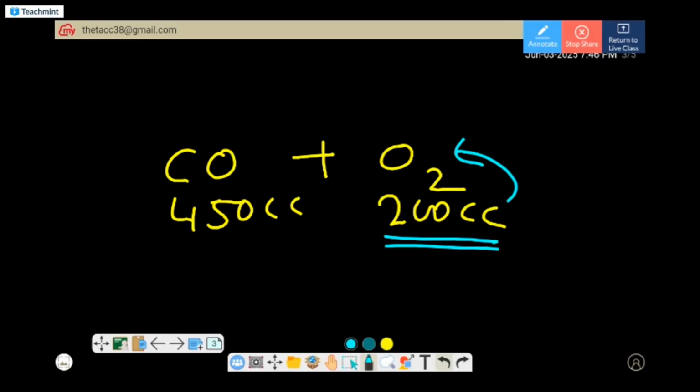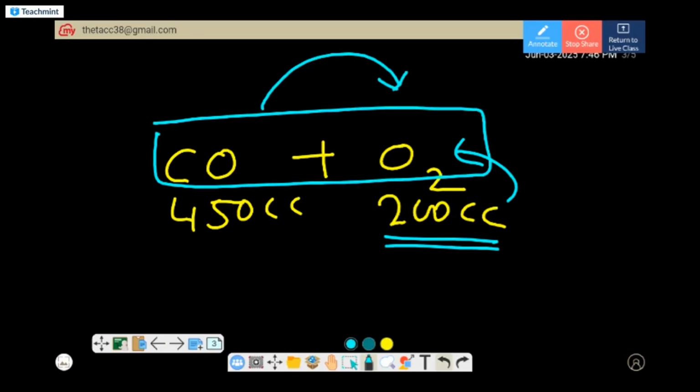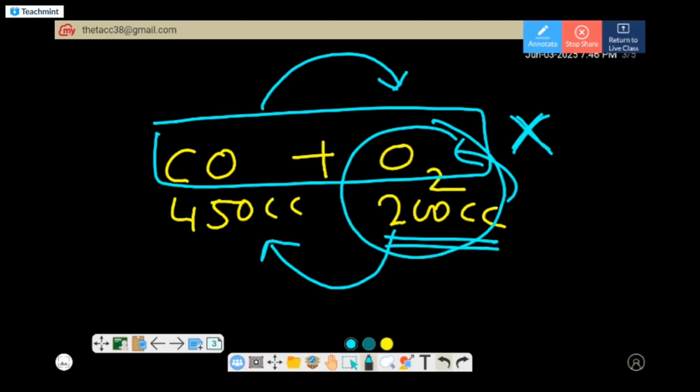But you have to understand this combustion will take place only because of oxygen. Only that much oxygen will help carbon monoxide to convert into carbon dioxide, correct? If the oxygen is completely used up, let's say the 200 cc of oxygen that was there got used up, it does not mean all the carbon monoxide also got ignited.